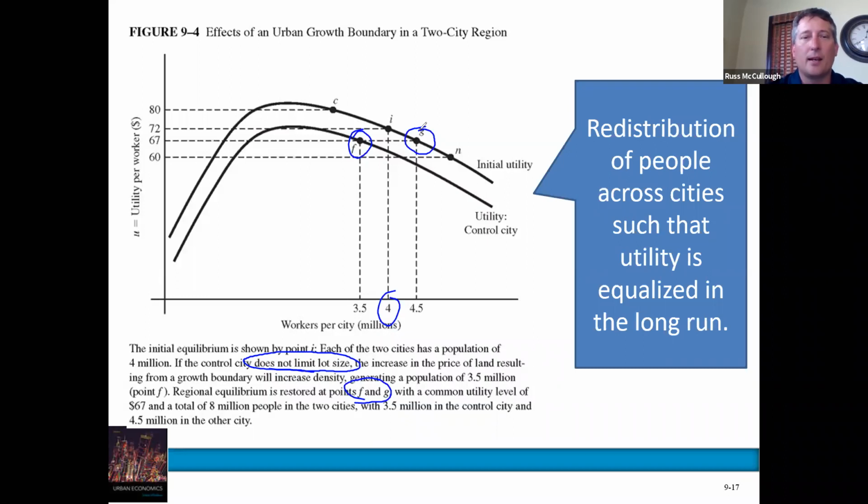And so we have a total of 8 million people, and we have changes in population according to the density changes. And notice that overall we had average utility levels of 72, but that has gone down due to these restrictions being put into place.